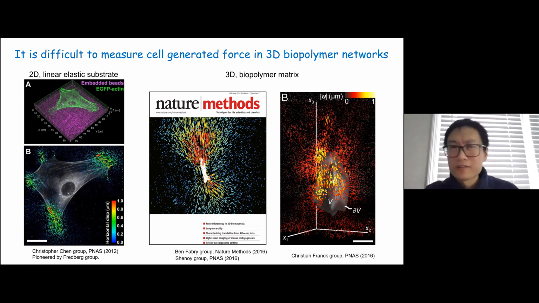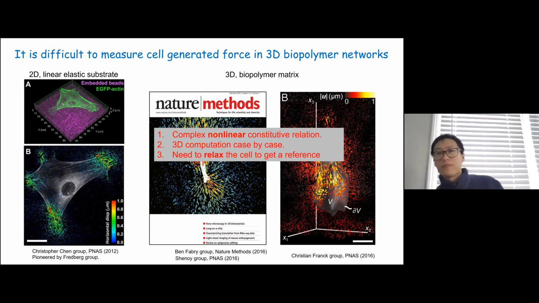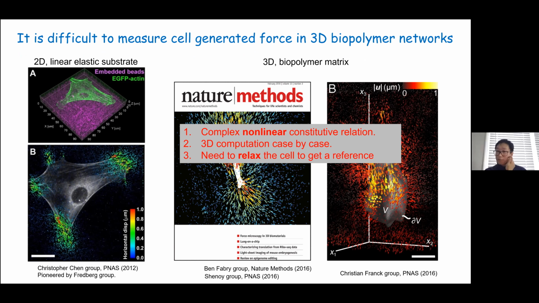But it's a very lengthy process that also requires case-by-case computation power, and you also need to fully relax the cell in 3D to get a reference that allows you to measure the strain. So none of those are trivial. So we have been thinking, based on our local mechanics measurement, can we get at least a proxy of the stress without going through any of those steps?